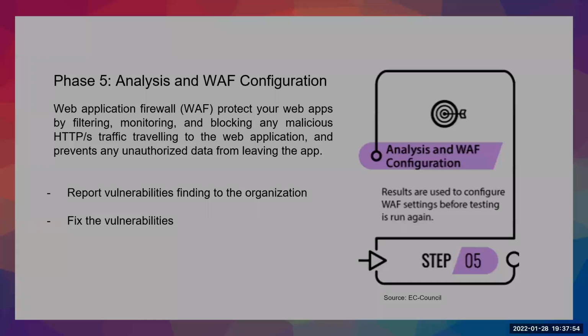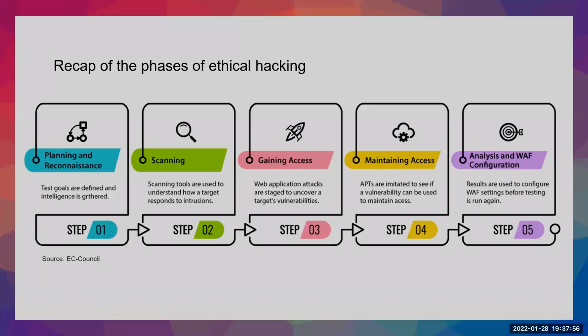So to recap the phases of ethical hacking, we'll start off with planning and reconnaissance, following which we'll do scanning, followed by gaining access, then maintaining access, and finally the analysis and the configuration to increase the security level of the websites.